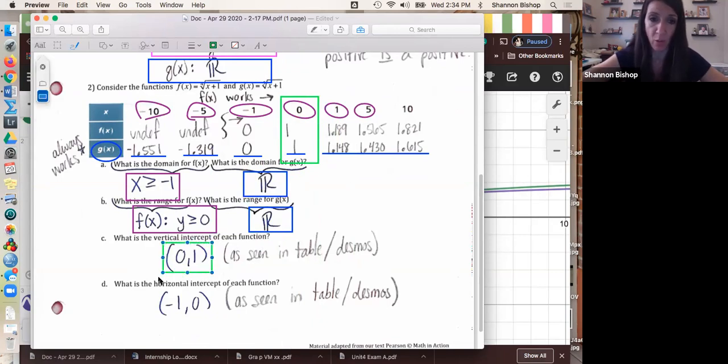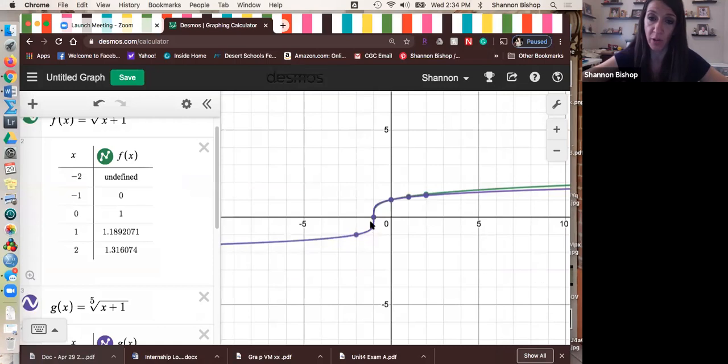And then for the horizontal intercept, you're looking for where the output is 0. And I can tell that that happens right here at -1. So you can get both of your intercepts from the table. Certainly they're also in your graph right there and right there. So between the table and the Desmos, you're able to get your vertical intercepts and horizontal intercepts.